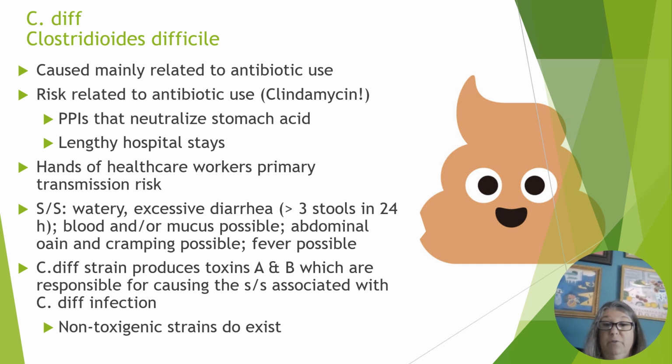Other risk factors include duration of hospitalization, immunocompromised conditions, chemo, NG tubes, because we're sucking the acid out of the stomach. So don't forget that acid in the stomach is like our second biggest resistance factor to infections, right? That acid just eats everything. Without that acid, we have bacteria that is able to proliferate that otherwise could not. Anytime you have a GI surgery, severe underlying illness, acid suppressing medications, right?